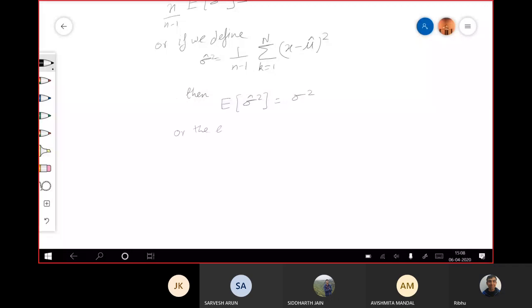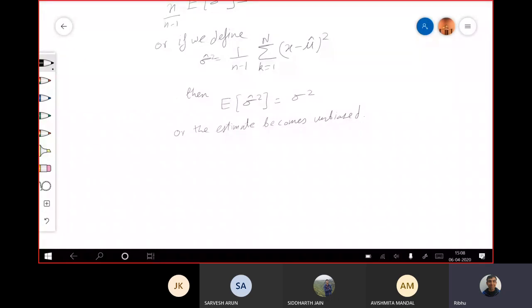So now we can simply multiply the estimate with a constant and make it unbiased.